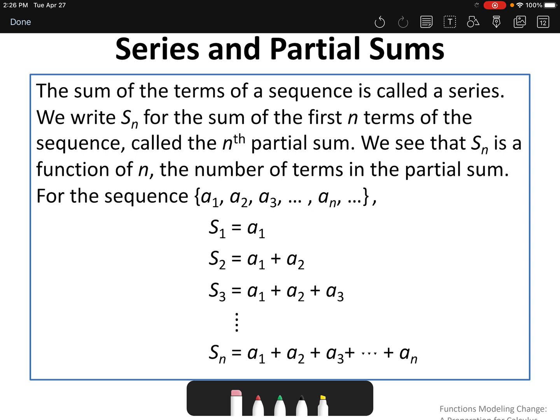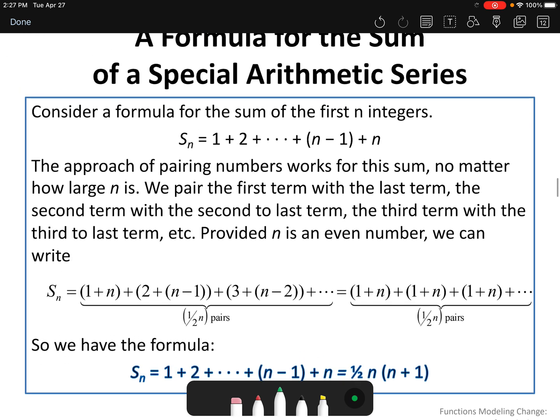The first sum would be a sub 1. The second sum right here is a sub 1 plus a sub 2. The third sum is a sub 1 plus a sub 2 plus a sub 3, etc., until you get the summation of n, which is equal to the sum of all the parts of the sequence.